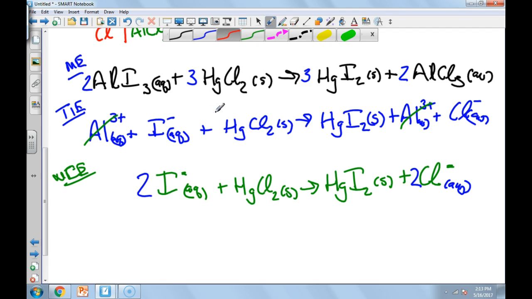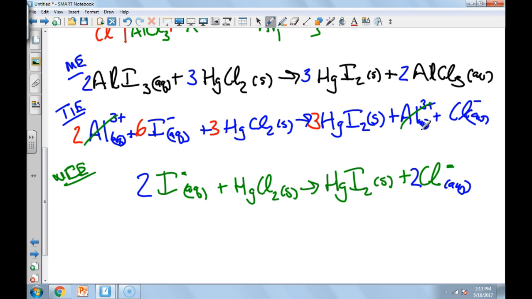I'll do it in red. Okay, how many aluminums are formed when this is split up? It would be 2. And then how many iodines is 6? Okay, and then there would be 3 of these. And now there would be 3 of these. There would be 2 of these. And there would be 6 of those.